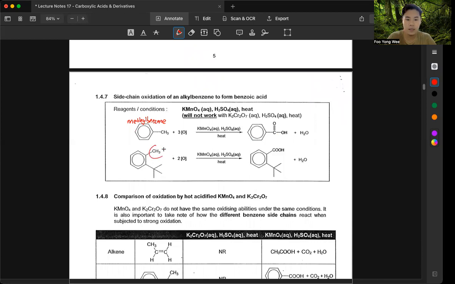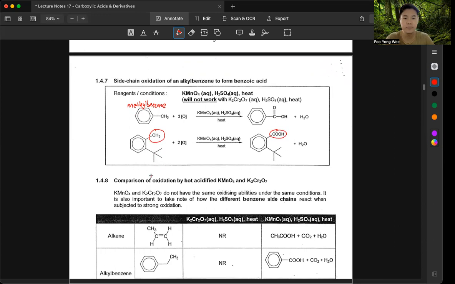So here is what happened. This one is just having a substituent, it doesn't matter. So this will not be affected by oxidation. Only the CH3.